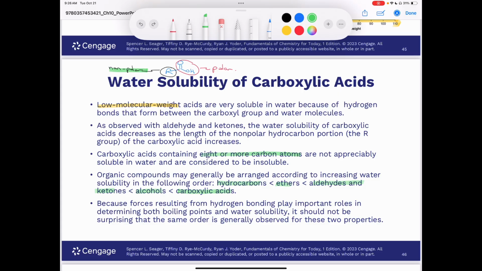And because forces resulting from hydrogen bonding play important roles in determining both boiling points and water solubility, it should not be surprising that the same order is generally observed for these two properties. So we saw that boiling points and water solubility have similar trends, and that the carboxylic acids are at the top with alcohols and the hydrocarbons are down at the bottom.